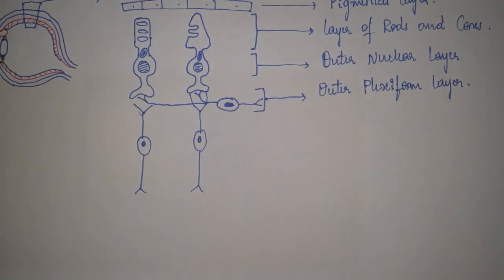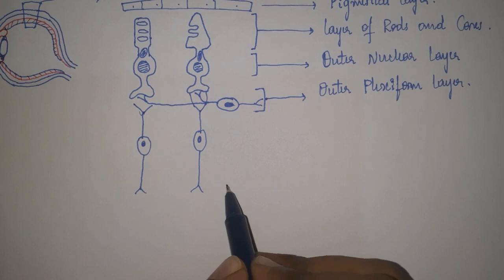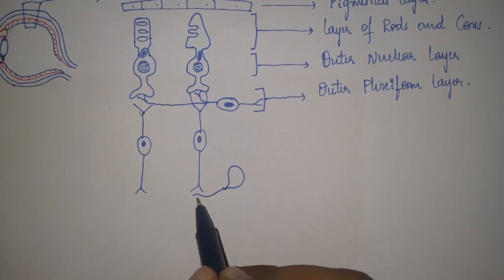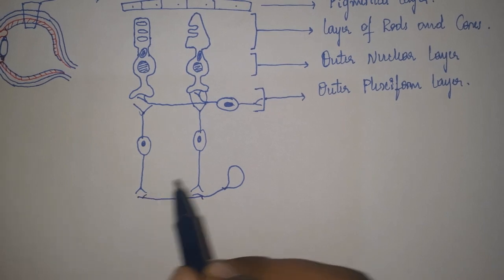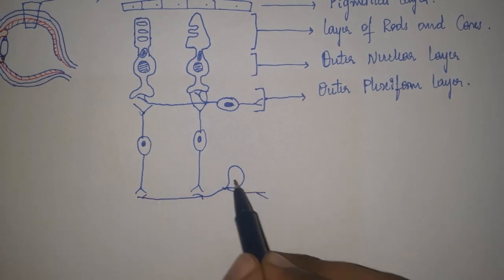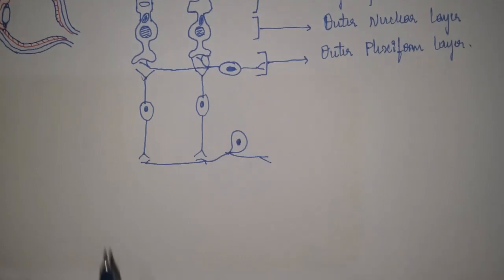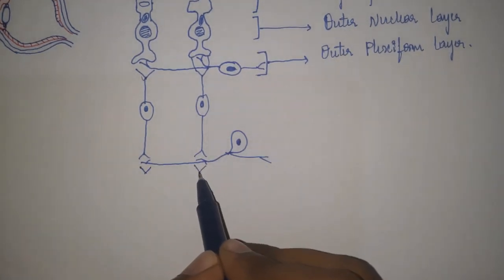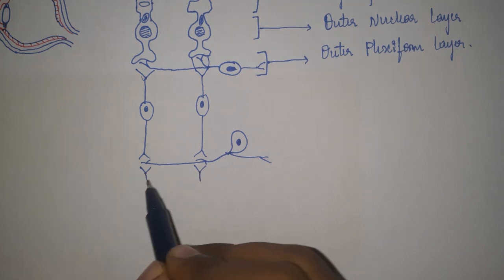Again, see here, there are cells called amacrine cells, like this. And finally, the ganglionic cells.